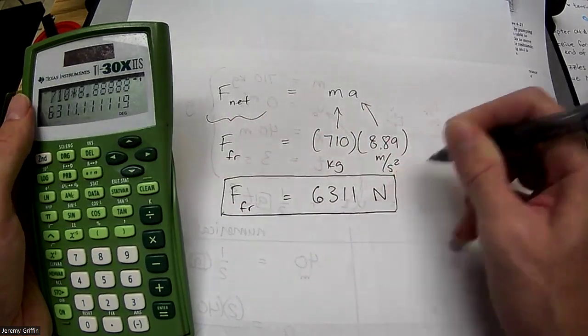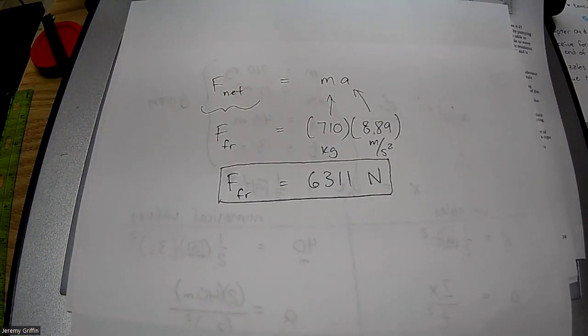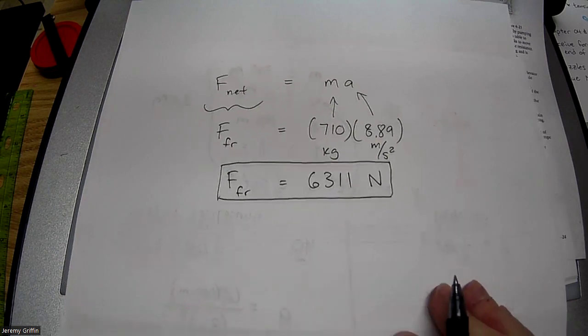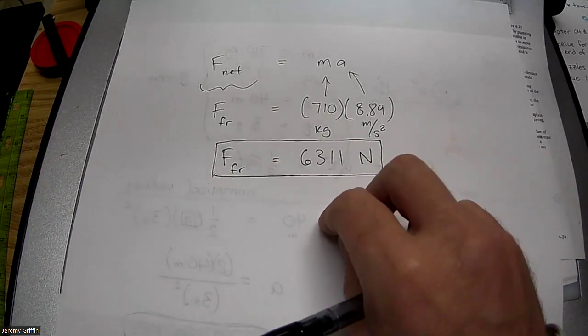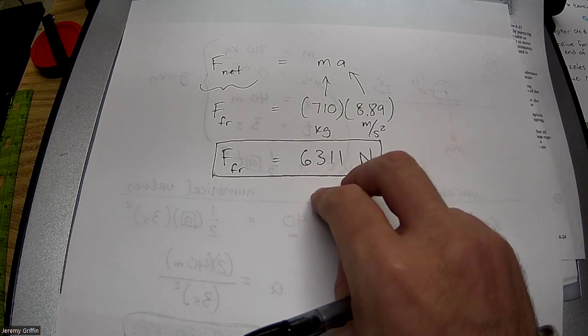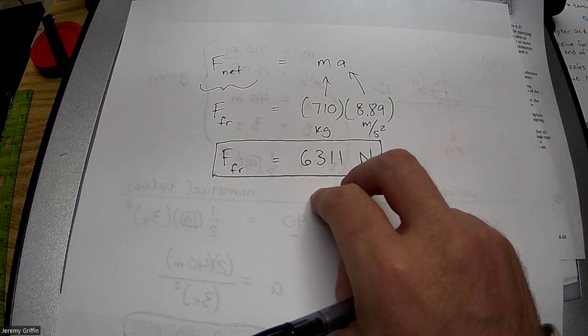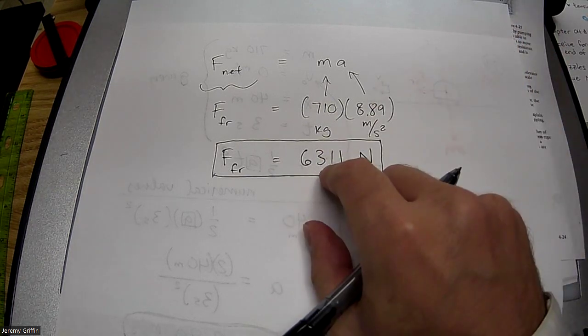Here, let's go a few more steps with this. You guys remember in the beginning, they gave you a bunch of given values. And they gave you at least 2 digits, sometimes 3 digits on the numbers, right? A general rule of thumb, especially if you're just straight multiplying and dividing, is that by the time you get your answer, the amount of precision you know can only be as much as the given values that you started with, right? So do I really know this 6,311 newtons?